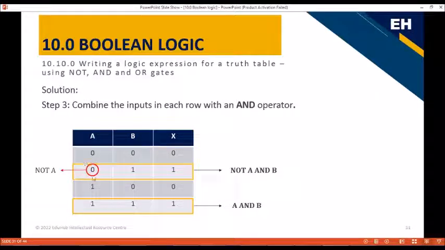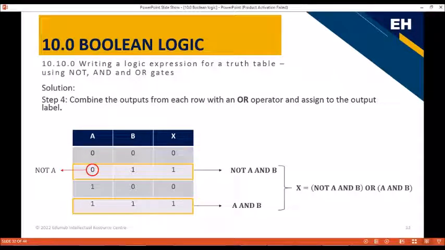Because 0 has to be changed to 1. So in that case, we have to apply the NOT A to change that 0 to 1 before we can add it to B using the AND gate. Now for the fourth one, we do not have to change any input. So A is 1, of course, we just write A, and B is also 1. We write B as well.